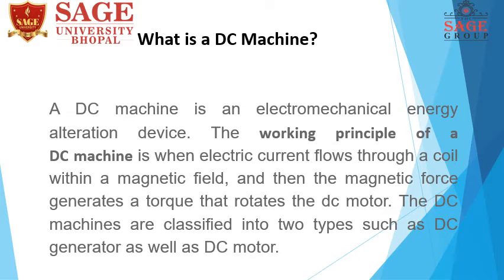The working principle is that when electric current flows through a coil within a magnetic field, the magnetic force generates a torque which rotates the DC motor. DC machines are classified into two types: DC generator and DC motor. This is the DC machine's principle and working.